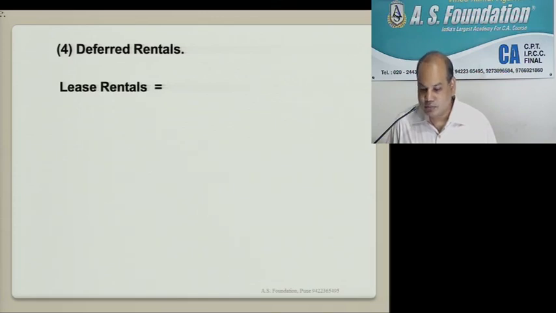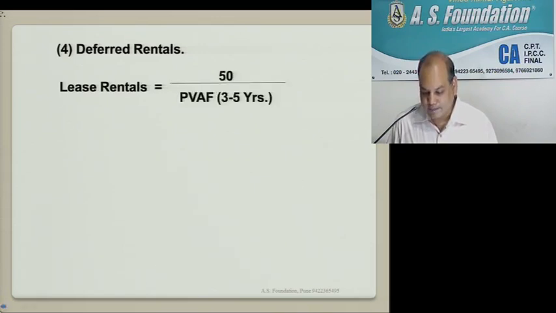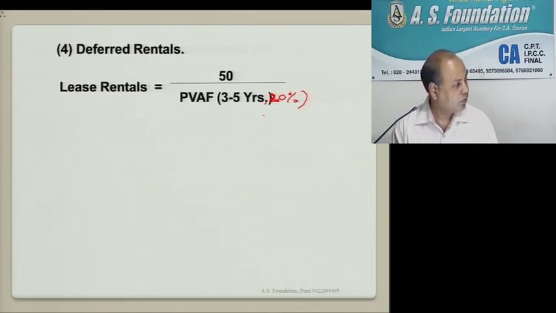So write down: lease rental is equal to 50 divided by PV annuity factor, in bracket 3-5 year, 20%.